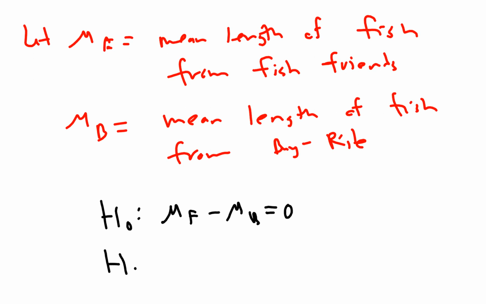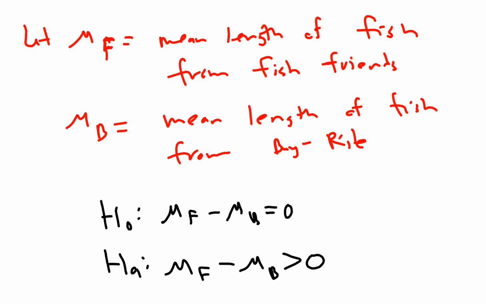And H_A, the alternative hypothesis, is usually what you suspect is true based on observation or something. And in this case, the suspicion is that the mean length of fish from Fish Friends is bigger than the mean length of fish from Buy Right, which means this difference would be greater than 0. So that's always how you start these problems off. You start by writing your hypotheses, and then we go from there.